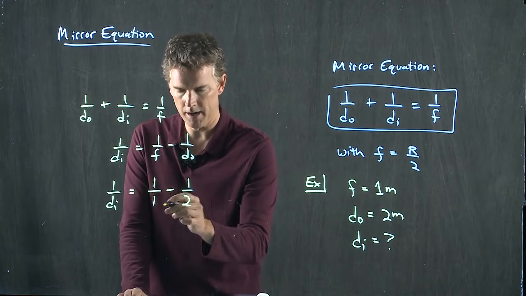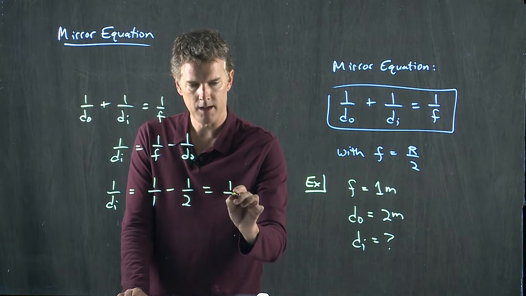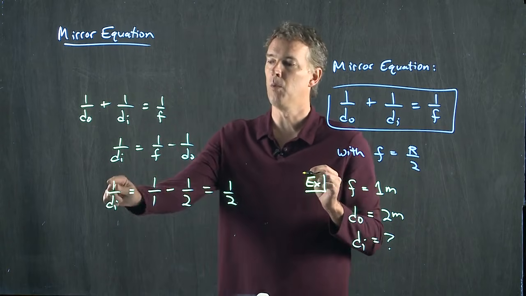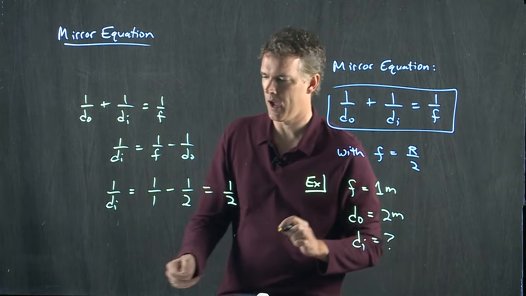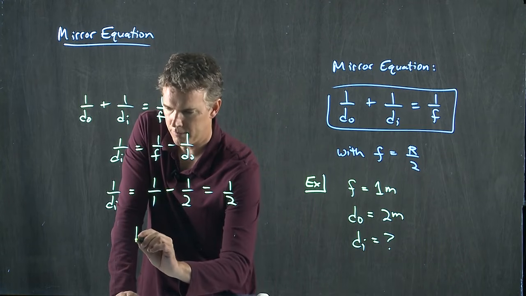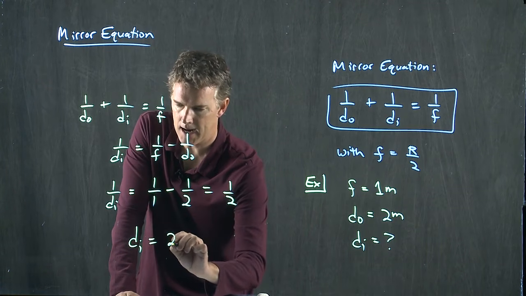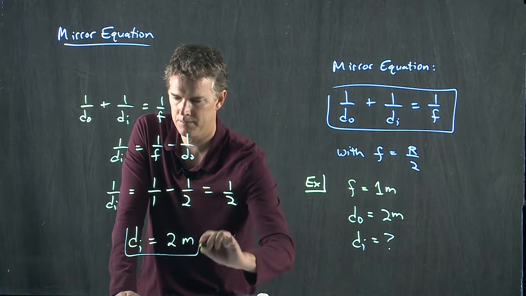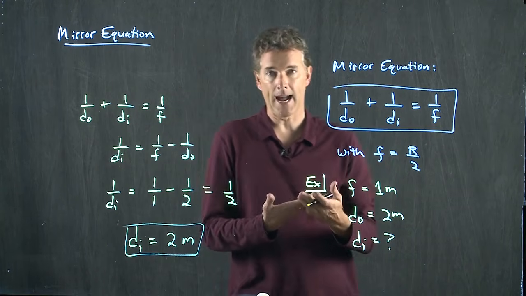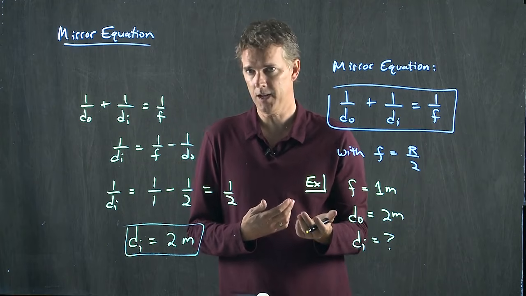All right, 1 minus a half is a half. So 1 over di is equal to a half, and if I flip it back over, I get di is equal to 2. And that's exactly what we found on that picture a second ago.